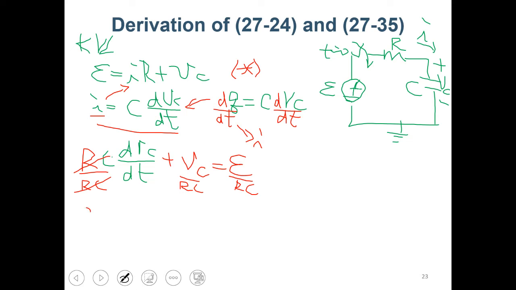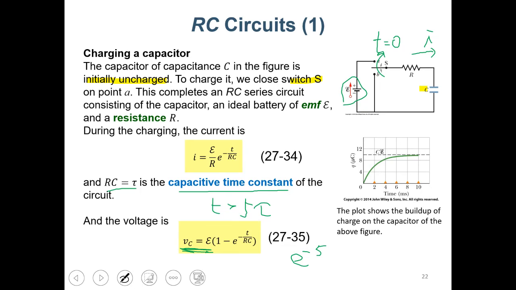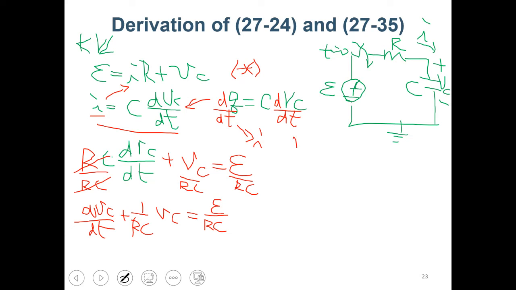So we have dVC/dt plus 1 over RC VC equals E over RC. Okay. So don't forget the initial condition is initially uncharged, which means that VC(0) should be 0 volts, or 0.